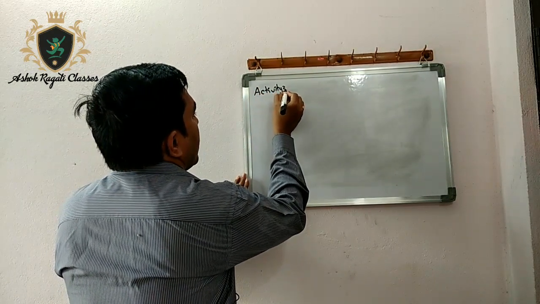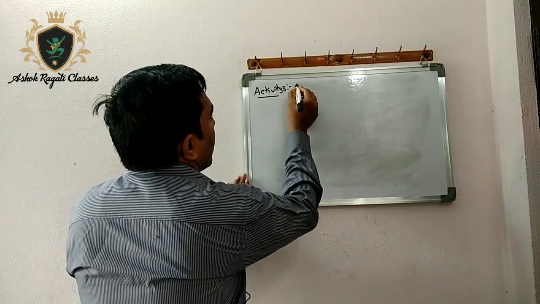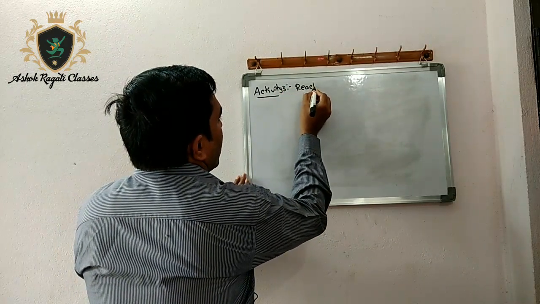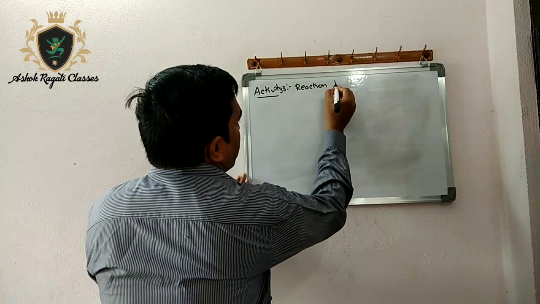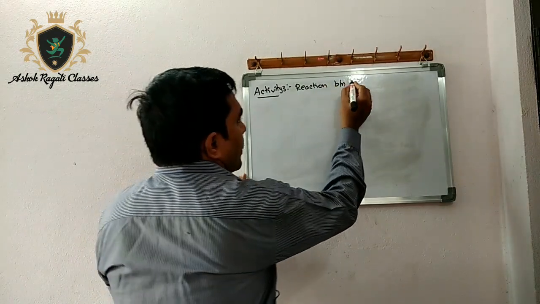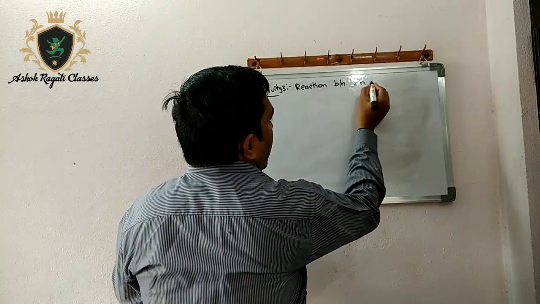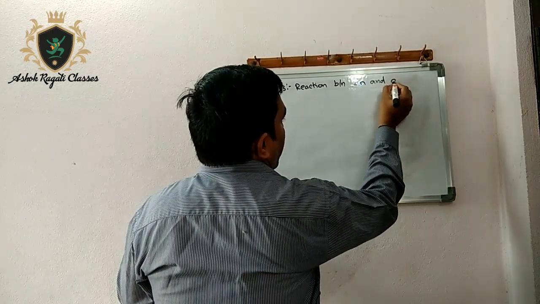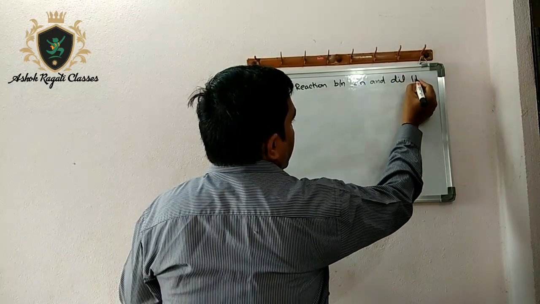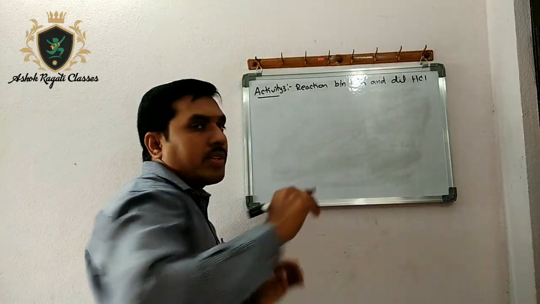Activity 3. Reaction between zinc and dilute HCl. Okay.